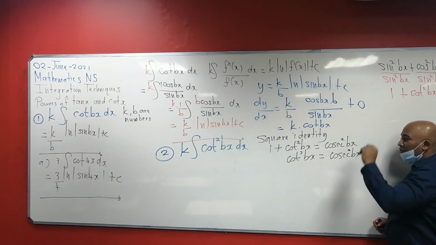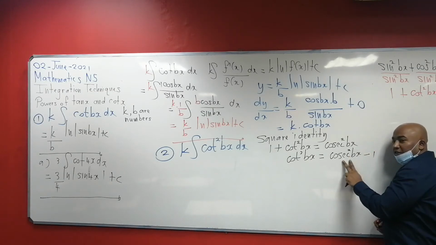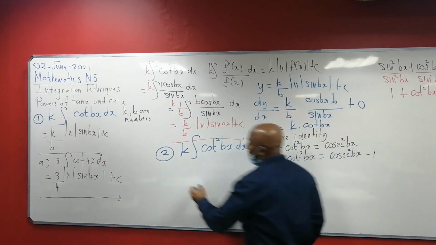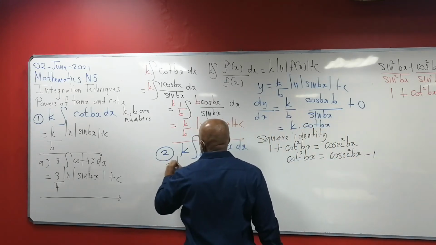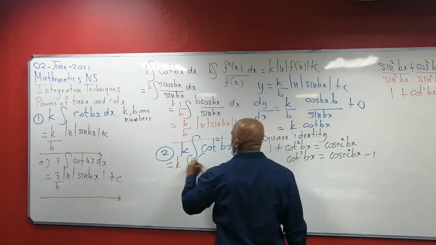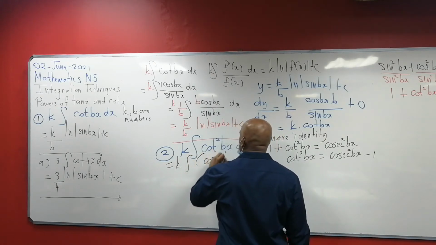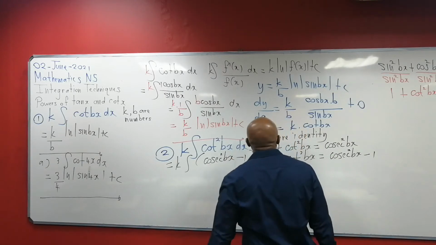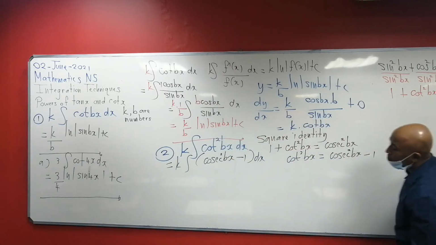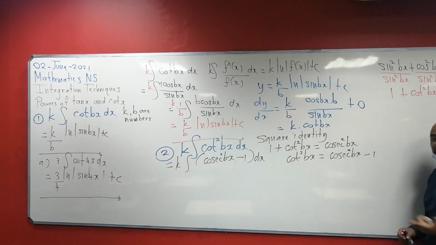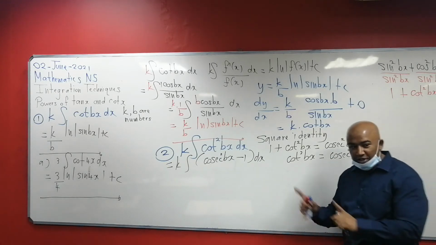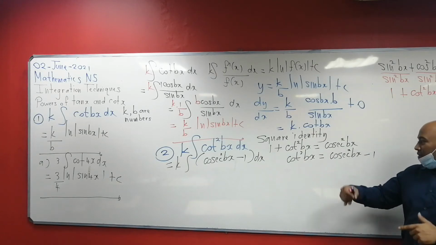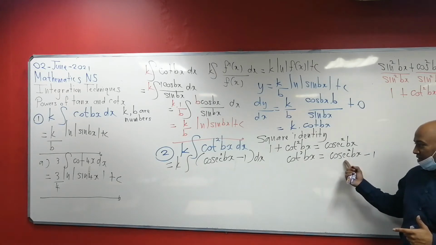Because if I ask you what did you differentiate that gave you cosec squared, you know it. So let's write it down: cot squared, you change it to cosec squared bx minus 1. The question you ask yourself when dealing with a problem like this is what did you differentiate that will give you cosec squared?